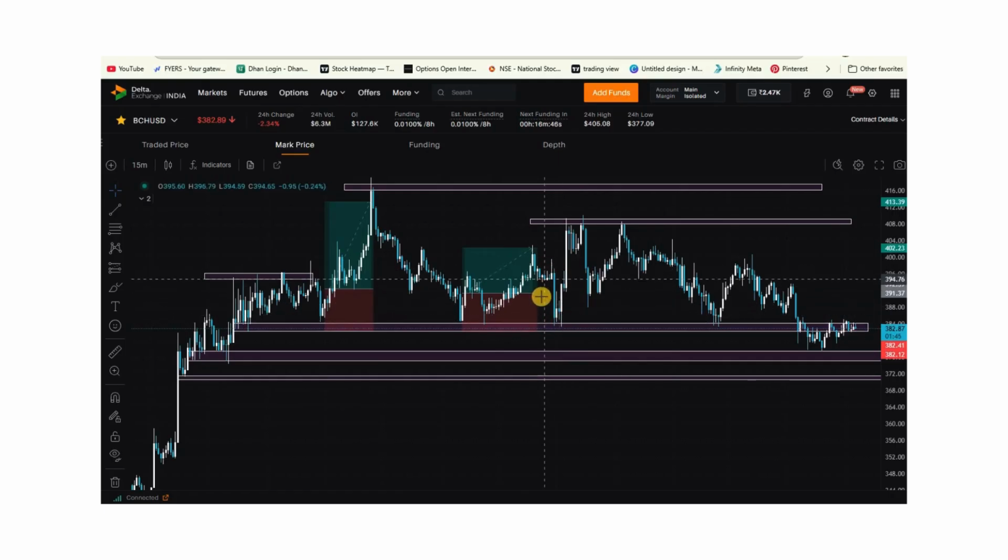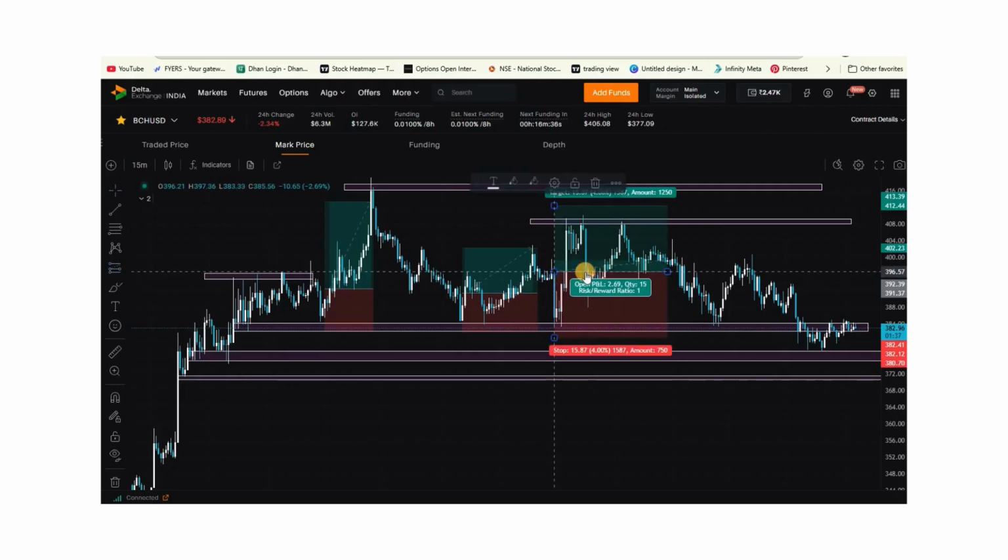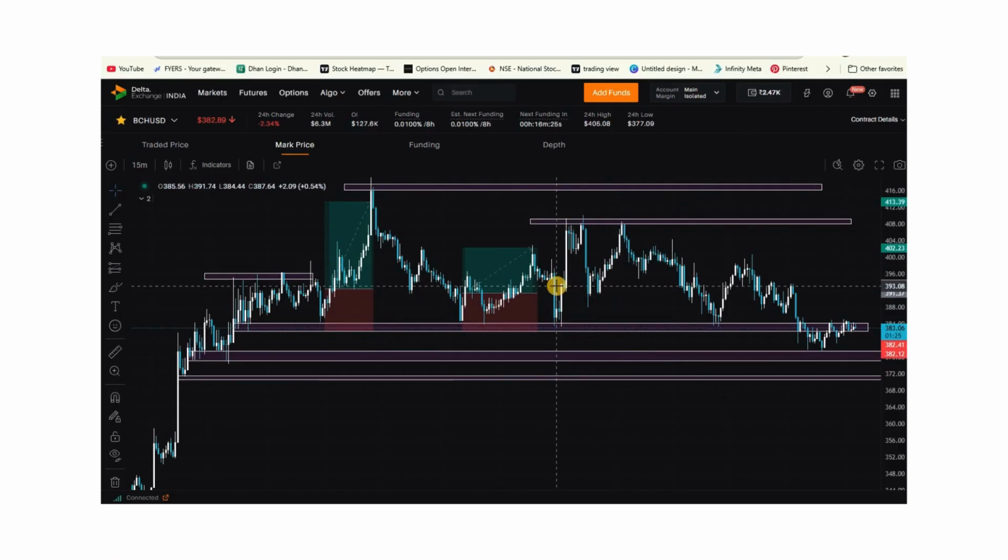Don't try to enter in such big candles because it gives you huge stop loss. See, I'll show you. The stop losses would be heavy. The stop loss is going to be heavy and the target is not going to be rewarding. So I better prefer you not to take such candles into consideration.